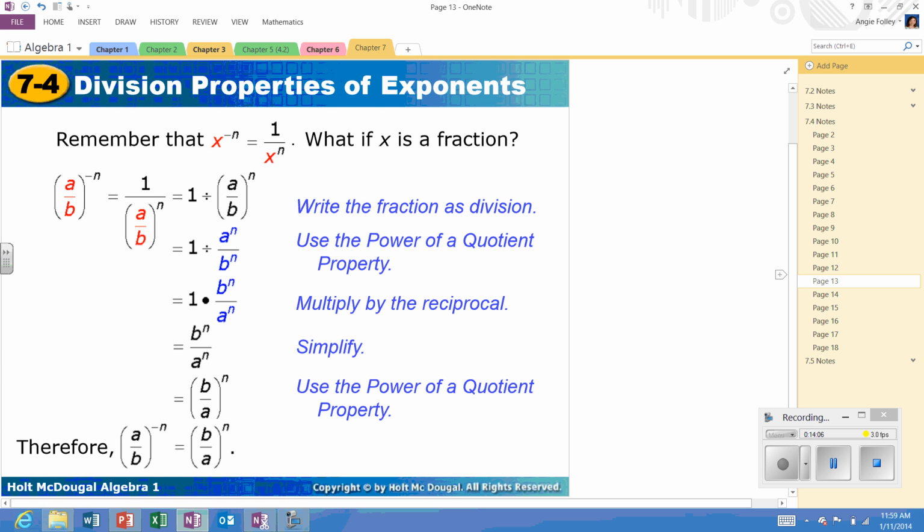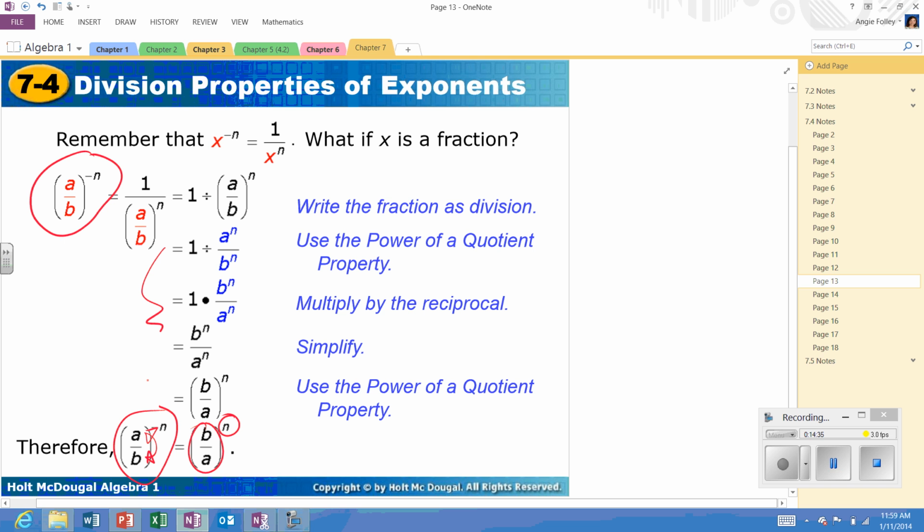Remember that x to a negative power, if we rewrite it as 1 over that power, it makes it positive. So for example, if I have a over b, a number over another number, to a negative power, this is kind of walking you through how, if you rewrote it and rearranged everything, if you have a fraction raised to a negative power, to make that power positive, all you have to do is flip the numerator and the denominator, okay?